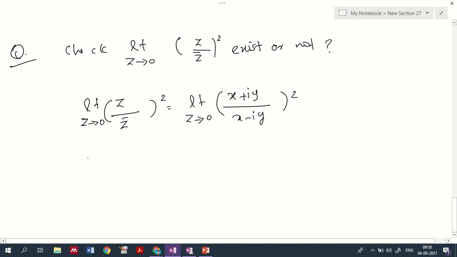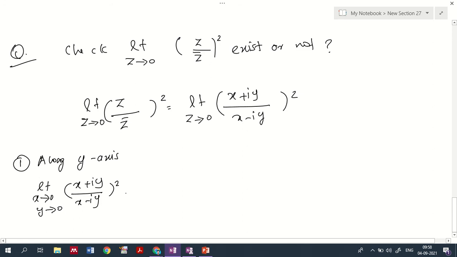Now let me consider the first case, that is along the y-axis. In that case, first you have to apply limit x tends to 0 and y tends to 0 of (x plus iy divided by x minus iy) the whole square. We know that along the y-axis, x will be equal to 0 in that case.